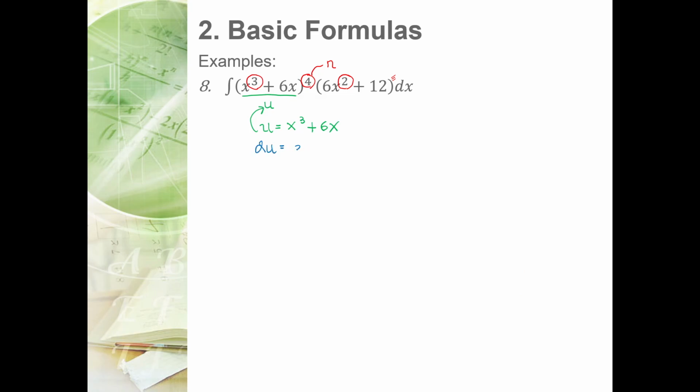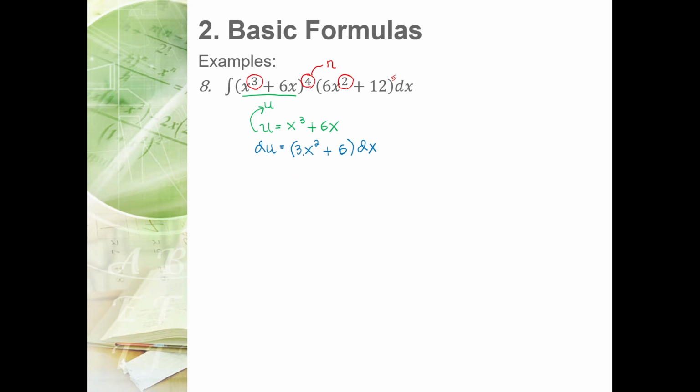That's 3x squared plus 6, du over dx. Or in shortcut terms, for those familiar with the process, you don't need to write the over. Usually what I do is 3x squared plus 6, with the dx on the other end.